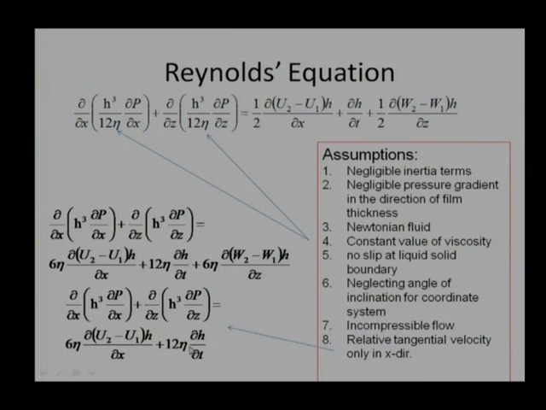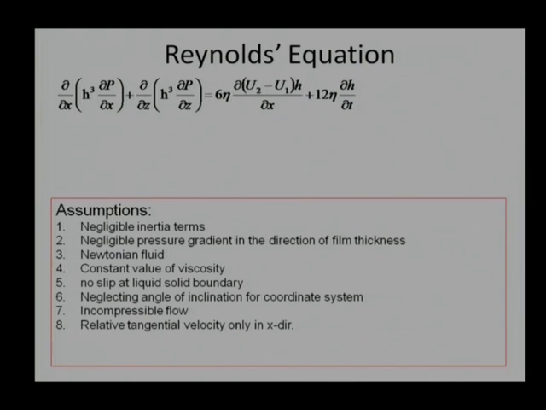Now, we have three source terms over here. One is a squeeze action term, one is a wedge action in x direction, and stretching action in x direction. We can further simplify this equation by assuming both the surfaces are rigid surfaces. There is no stretching action. We are not talking about rubber material.